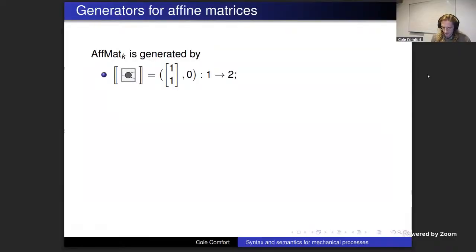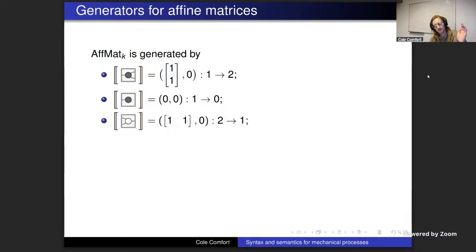I generally want to reformulate things in terms of pictures, or geometrically somehow. There's a way you can see affine matrices using only string diagrams. There's this black copy generator, which goes from 1 wire to 2 wires. Then there's a 1 by 0 dimensional matrix, which you think of as discarding.